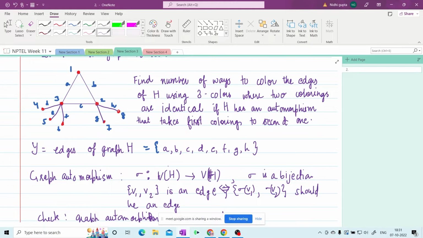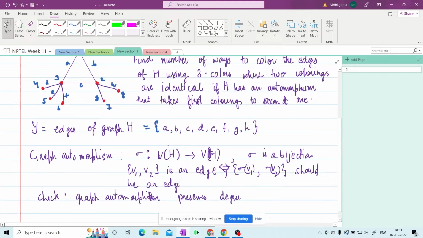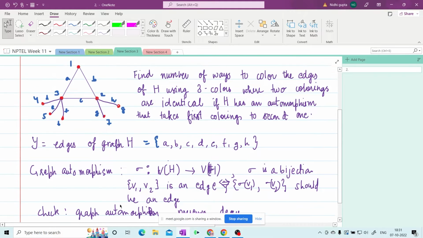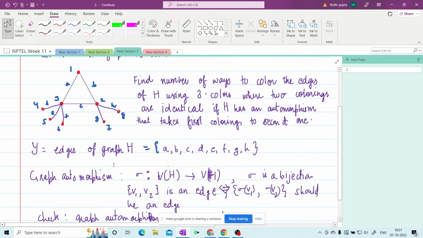So it is logical to think that it will be preserving the degree of vertices. That means if a vertex v1 has degree d, then sigma of v1 will also have degree d.